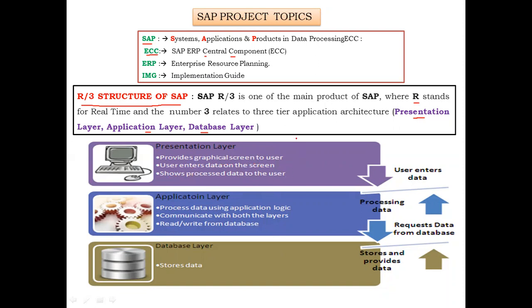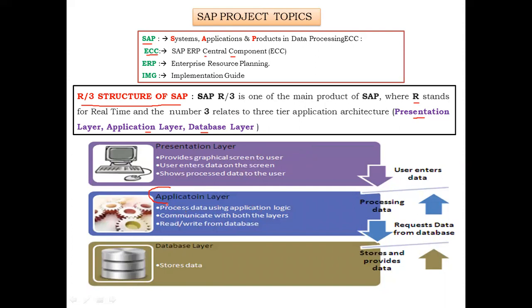Example, suppose I enter 2 and 3, 2 plus 3. So is equal to how much? 5, correct? The system takes 2, takes 3, and also takes the logic, whether it should be addition or subtraction. That has to be stored in the application layer.